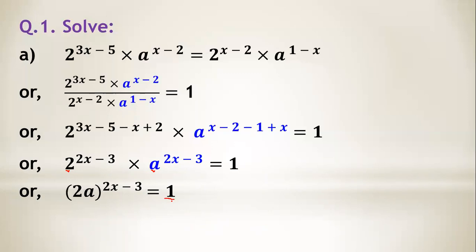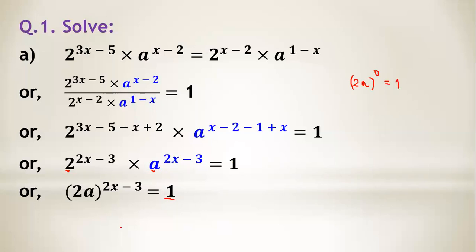So some of you might have started to think, is it possible to write 1 in terms of base 2a? Exactly, yes. This 1 can be written as 2a whole to the power 0, because according to the zero law of indices, the value of 2a whole to the power 0 is 1.